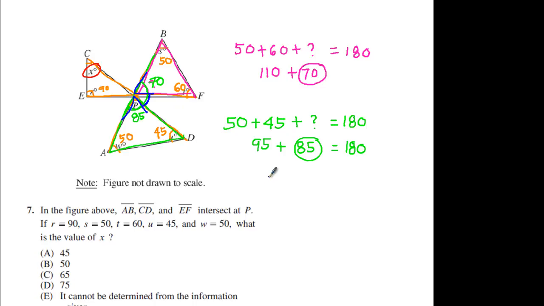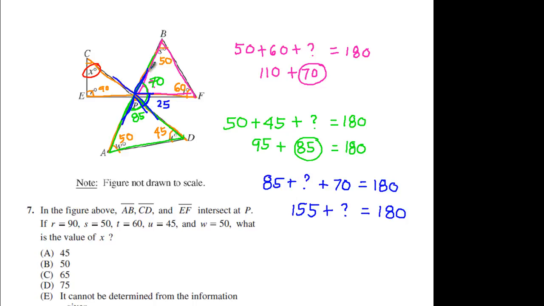So let's put it here. 85 plus this angle at the middle, which we do not know, plus this angle that measures 70 degrees should be equal to 180. So 85 plus 70 is 155 plus what angle equals 180? So we know we still need 25 for here. So we know this is 25.